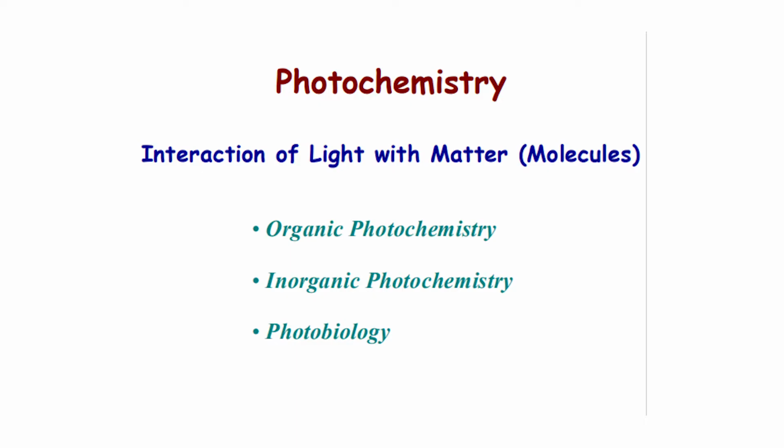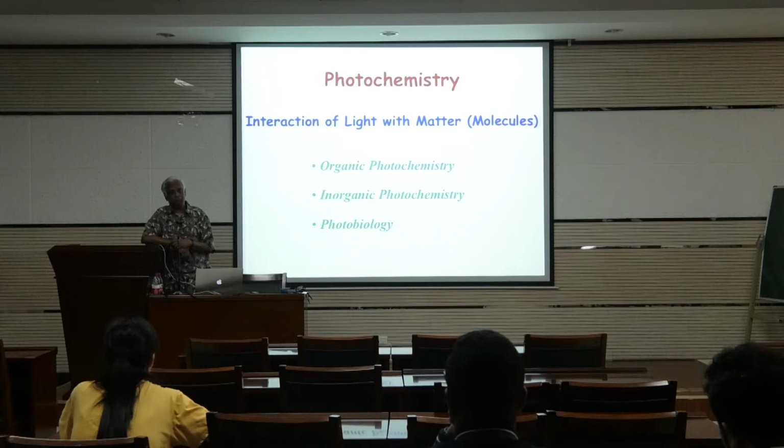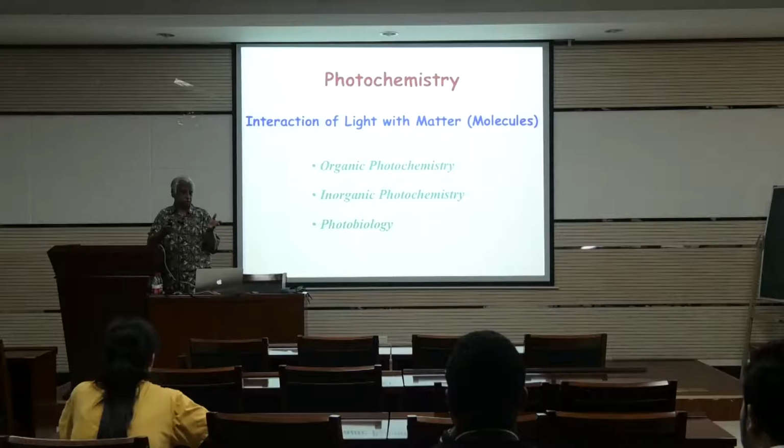All of them contain, as you see here, the prefix photo. If you are dealing with organic molecules, it is called organic photochemistry. For example, if you are dealing with stilbenes, benzene, or benzophenones, that part of the chemistry is called organic photochemistry. The principles are the same, but the type of transitions involved could be slightly different.